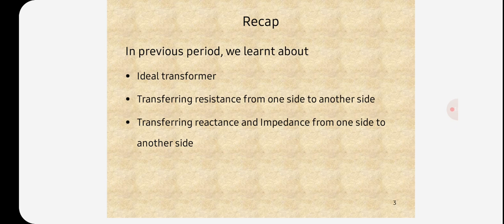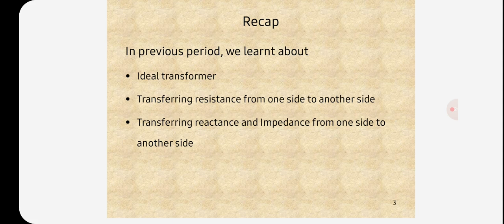When an alternating voltage V1 is applied to the primary, an alternating current flows in the primary. Since the primary winding is purely inductive and the secondary is open circuit, the primary draws a small magnetizing current I mu, which lags behind the applied voltage by 90 degrees.